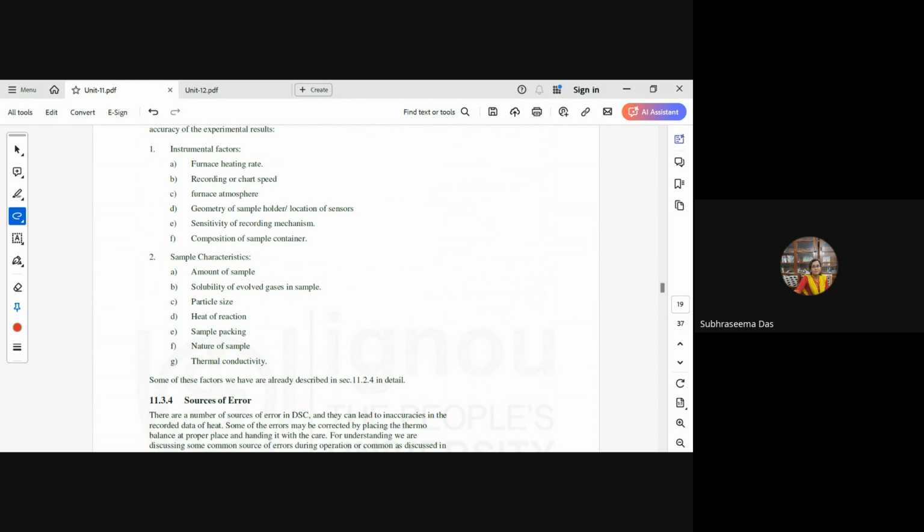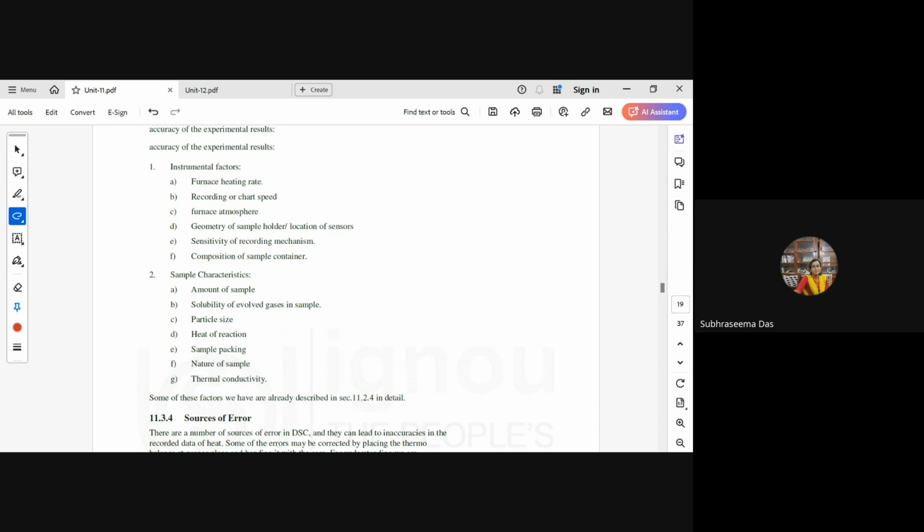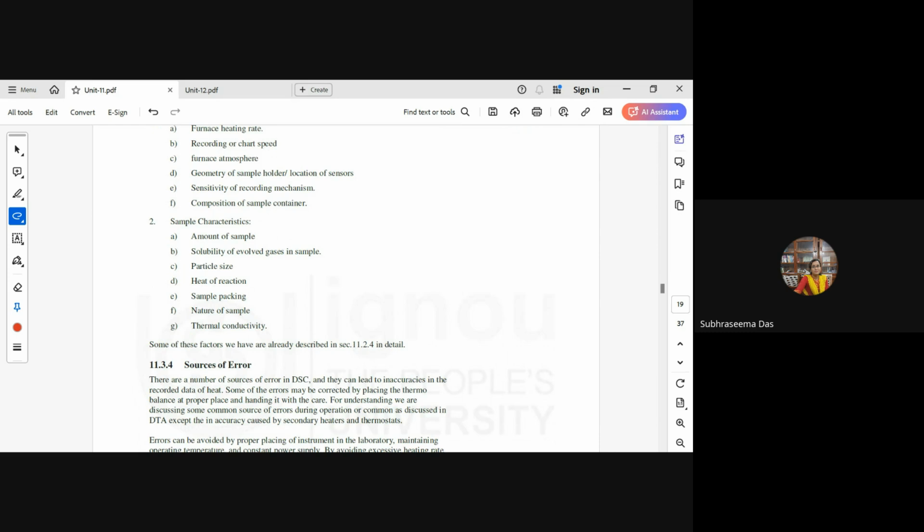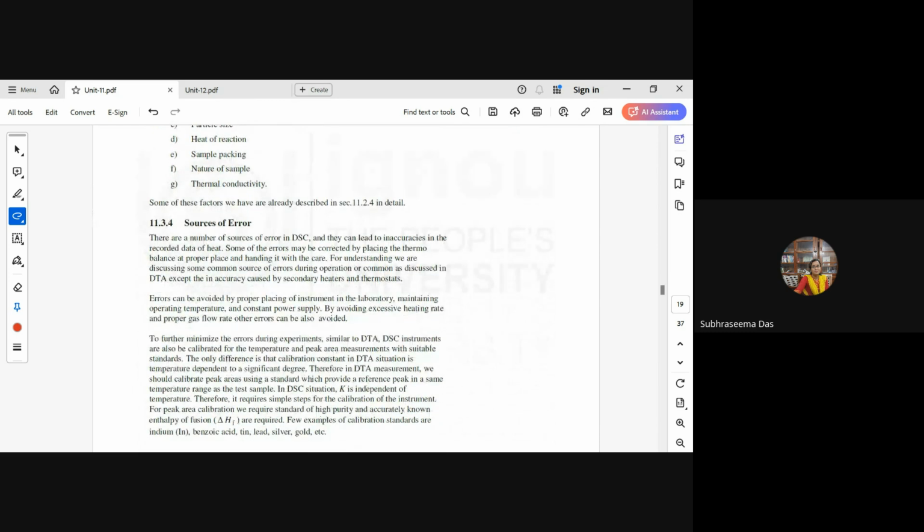Whereas the sample factors that contribute to the overall DSC graph include the amount of sample, the solubility of the different gases that come out during the DSC measurements, the particle size, the heat of reaction, the sample packing, the nature of the sample, and most importantly, the thermal conductivity of the sample. So these are the various factors which influence the shape, the precision, and the exact measurement of a DSC plot.